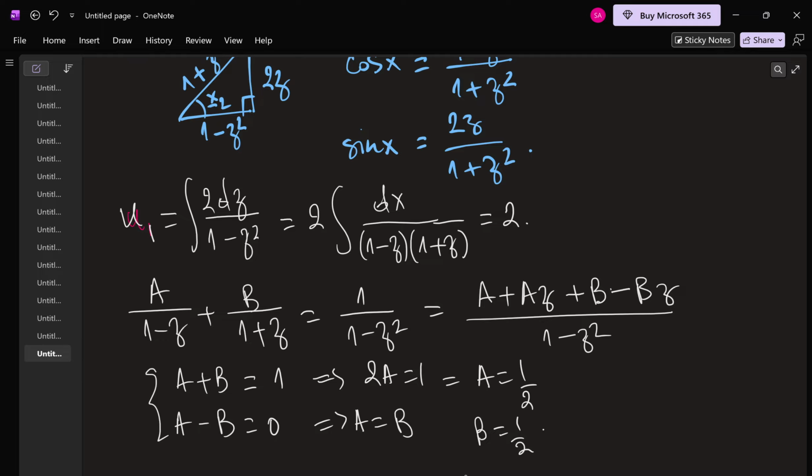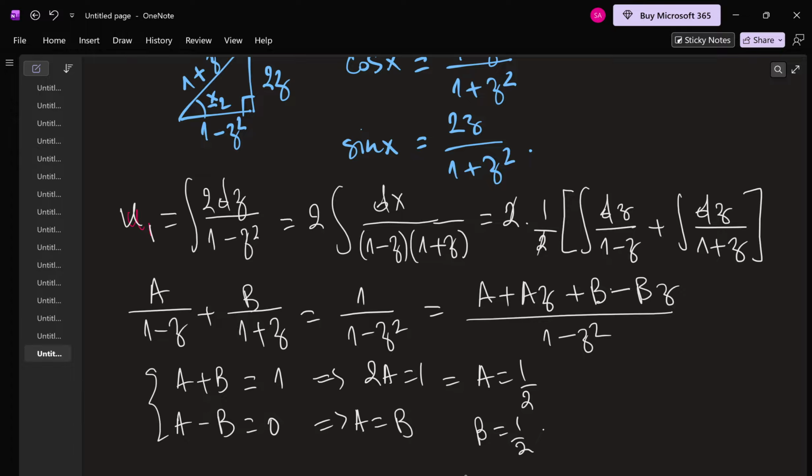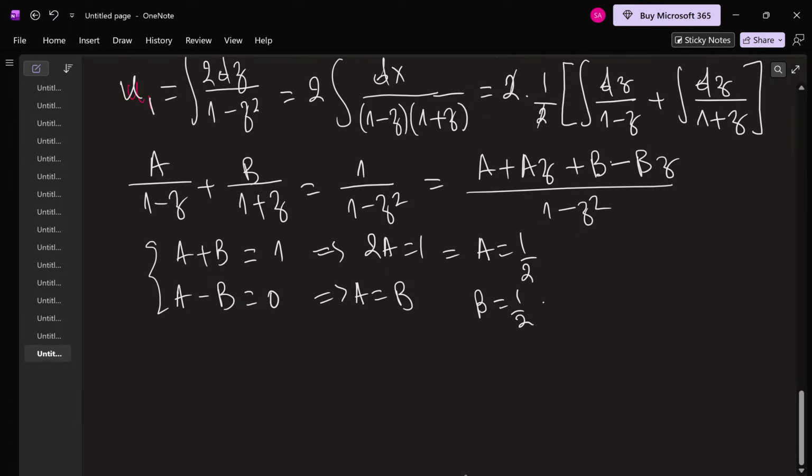So this would be equal to 1 half times the integral of dz over 1 minus z, plus the integral of dz over 1 plus z. Okay, so now you know how to compute that.